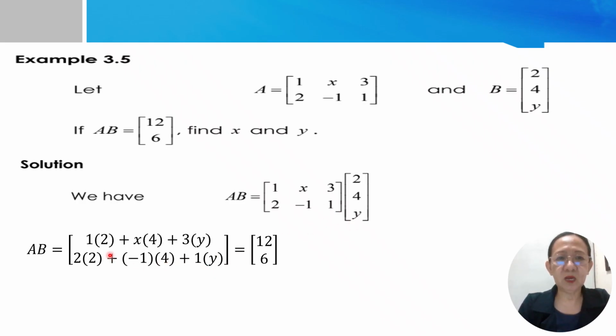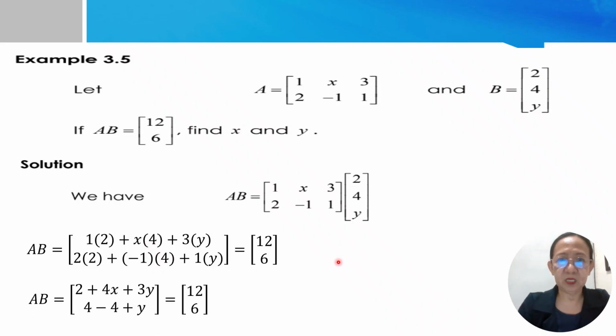Simplifying the result, we have 1 times 2 is 2. We have 4x. Okay, let us show now. We substituted here the value of AB, the given product AB, which is now 12, 6. Okay, so simplifying this one, 1 times 2 is 2. Then we have 4x, then 3y. Then 2 times 2 is 4. Negative 1 times 4 is negative 4. Then 1 times y is y.